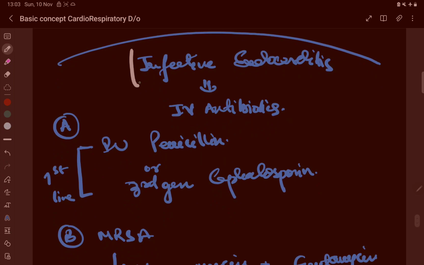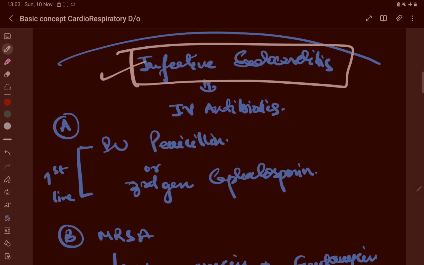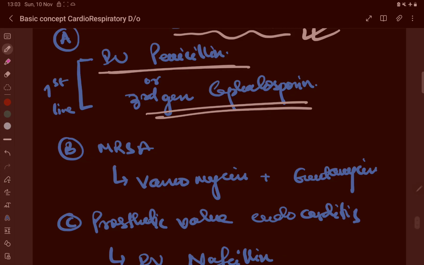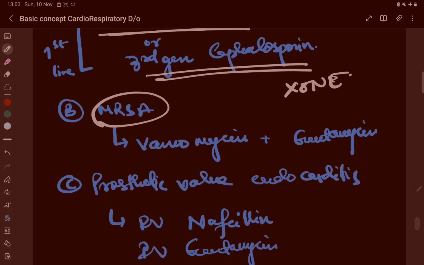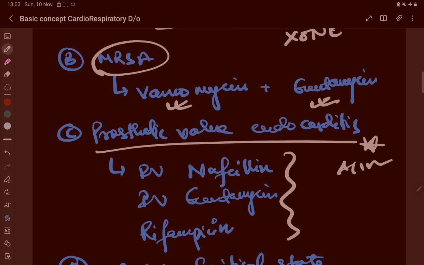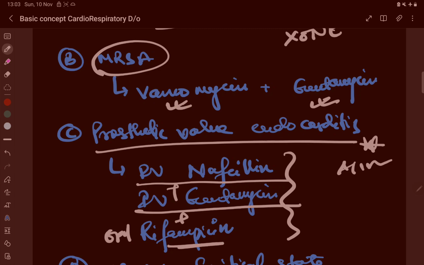Okay, now in infective endocarditis, as we discussed, there is a role of IV antibiotics. So here we give the first line IV penicillin or IV third generation cephalosporin like ceftriaxone. Okay, in MRSA, the drug of choice is vancomycin plus gentamicin. Okay, in prosthetic valve endocarditis, very very important AIIMS question, IV nafcillin, IV gentamicin plus oral rifampicin.